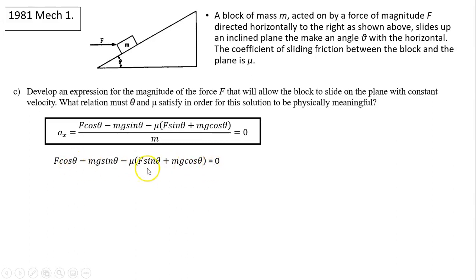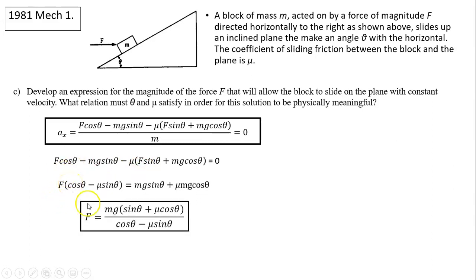We simply combine the terms as F and solve for F. So F equals mg times (sine theta plus mu cosine theta) divided by (cosine theta minus mu sine theta). I got this by factoring F out, so with cosine theta, this term would become mu times sine theta, and both are negative. Move to the other side of the equation, you'll have a plus sign.